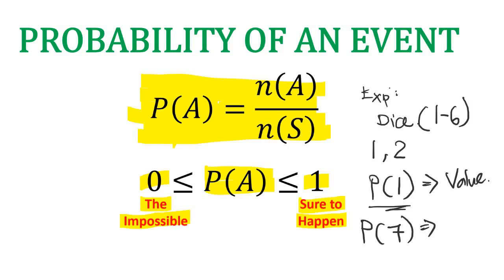So this is impossible to happen. So the probability to get number 7 from throwing a dice is equal to 0. So this is the meaning of impossible to happen. Okay, so now we're going to see some examples.